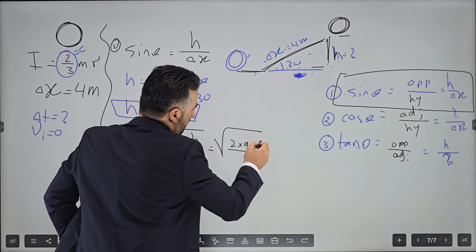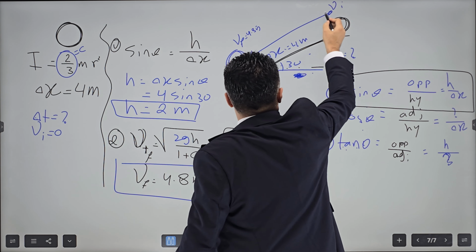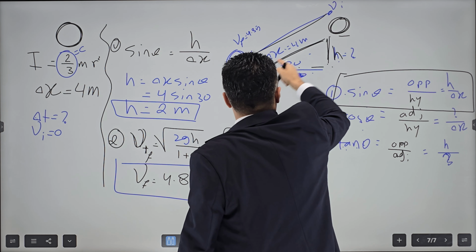Now, going to what exactly the question wants. It says, how long does it take this basketball, thin spherical shell, whatever the shape is, starting from 0 to the bottom of the incline? We have V initial, we have found V final, which is 4.85, and we also have delta x as well, which is the length of the incline.